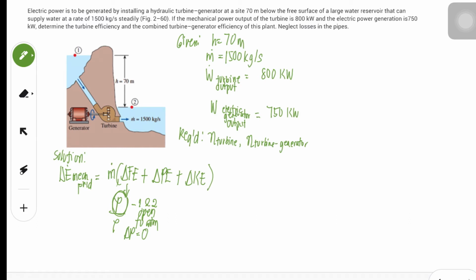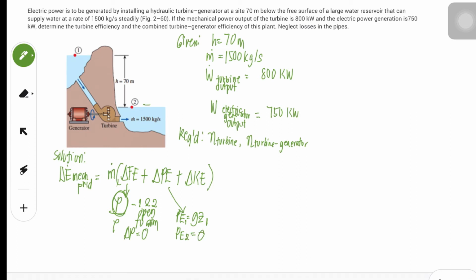And also the potential energy at point 1 from the surface is positive. From point 2, we have the elevation at point 1, the potential energy at point 1, and the potential energy at point 2 is 0.